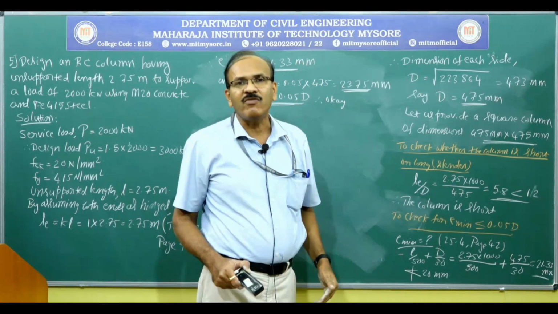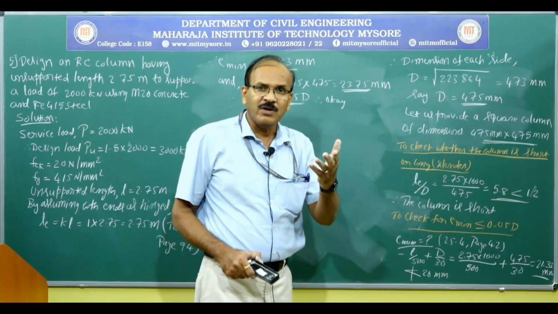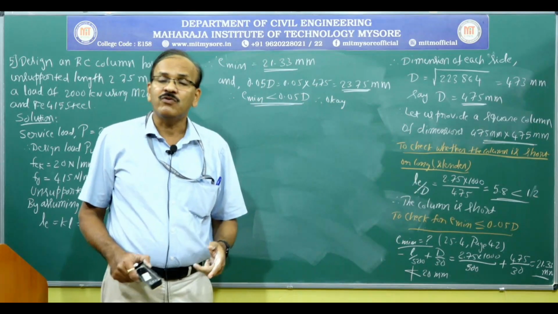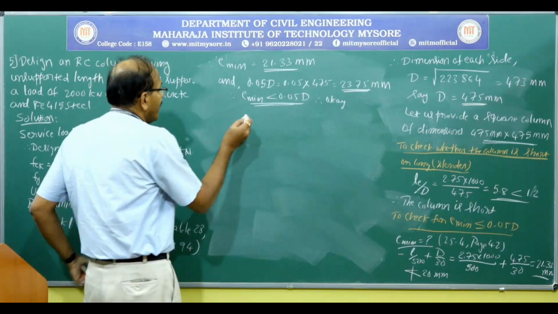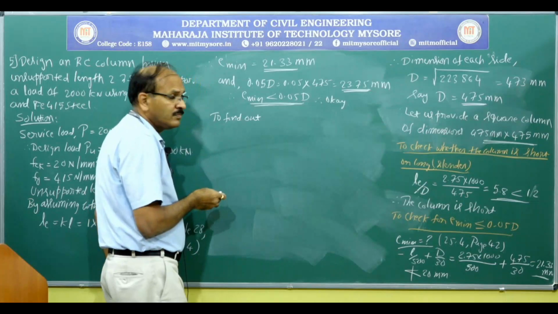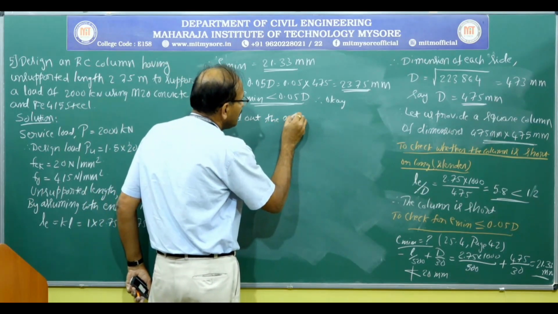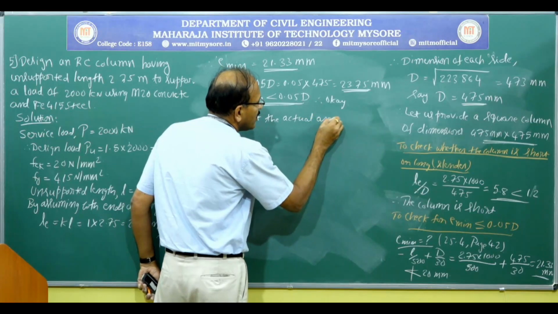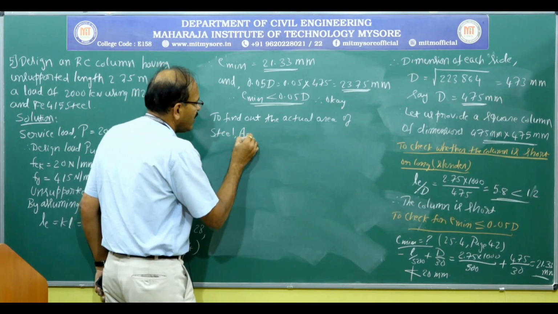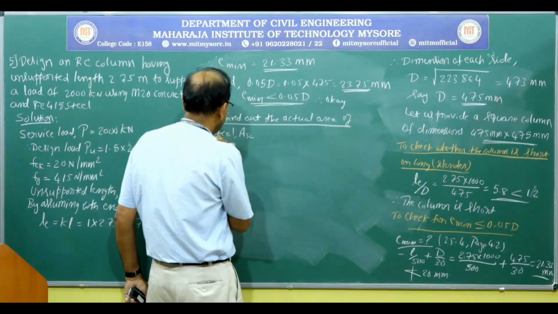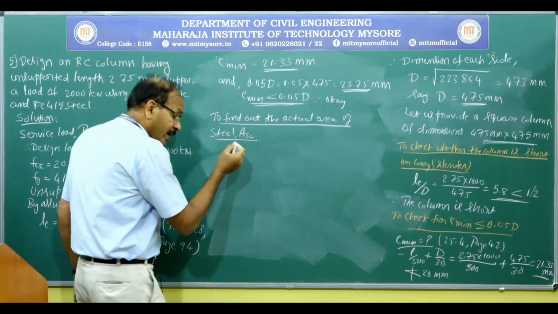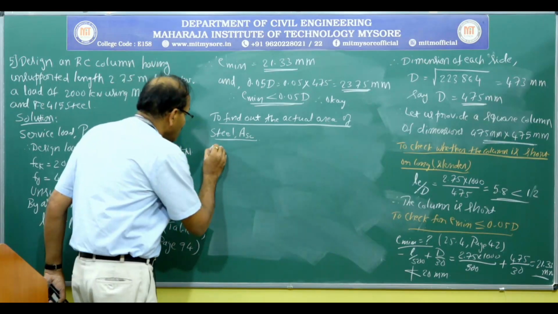Okay. So once we have this, we have to go back and find out the actual area of steel required using the same formula. Now we know the dimensions of this section, that is 475 by 475. So to find out the actual area of steel, Asc, again we are going to make use of the same formula.